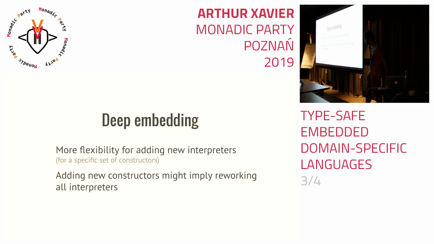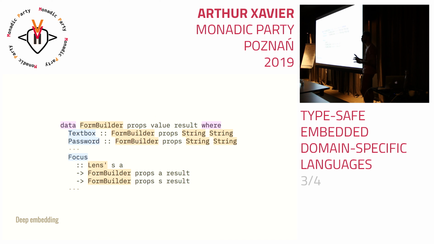And I hope that some of you can see that it's quite trivial to add new interpretations to this language defined with deep embedding, because we can just define a function that takes a form builder like this and turns it into anything else. Because the syntax tree is abstract, we can interpret it into anything.